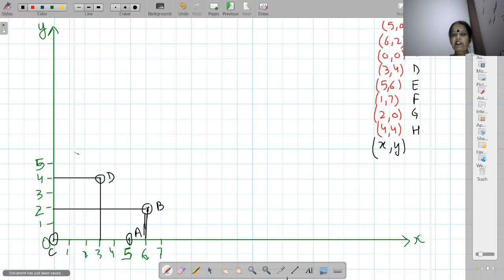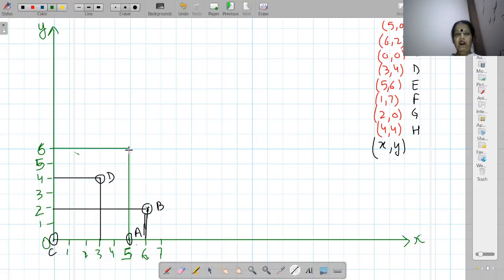Next is 5 and 6. We will write 6 here. Now for 5 and 6, from the X axis we will go to 5 and the Y value is 6.